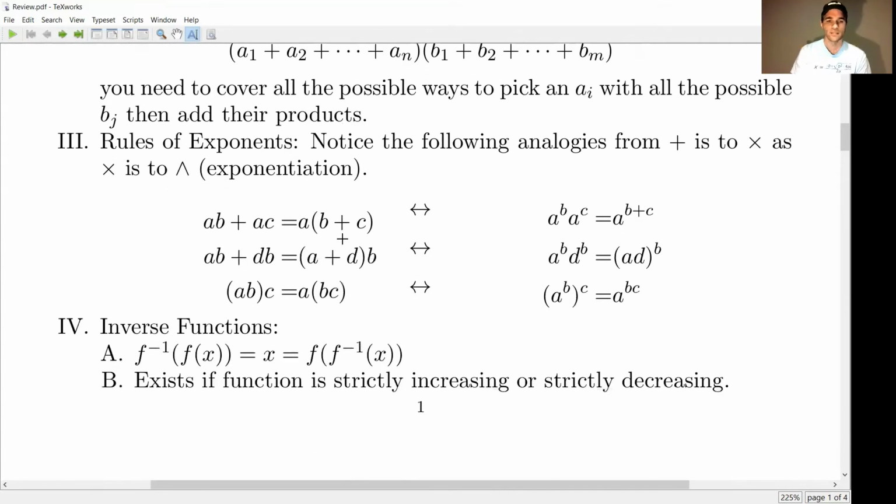Rules of exponents. There are 3 here that I have that generalize more commonly known rules about addition and multiplication. So in these analogies, we're going to change addition into multiplication and multiplication into exponentiation.